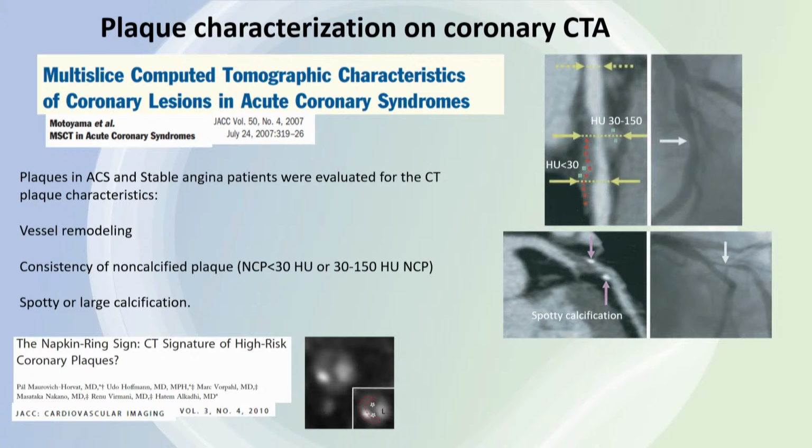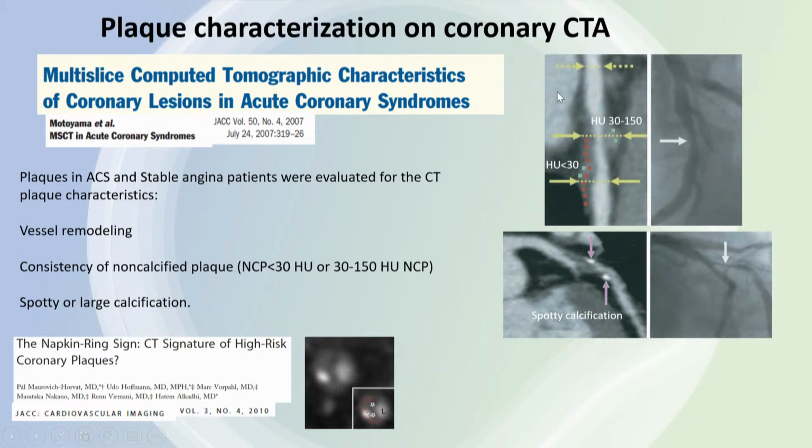They looked at the vessel remodeling, whether there was any positive remodeling, and they looked at the Hounsfield units of the non-calcified plaque. Less than 30 was defined as a necrotic-rich plaque, and 30 to 150 Hounsfield units is a non-calcified plaque that is thought to be more fibrous. And then they looked at whether there were large calcifications or spotty calcifications.